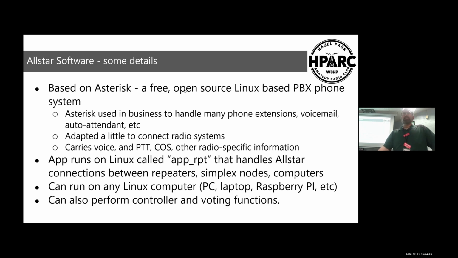Asterisk is an open source PBX software, and it's used a lot in business and industry right now. Some very smart people took that software and added the radio interface layer on top to support what's needed for radio work, and that's Allstar.